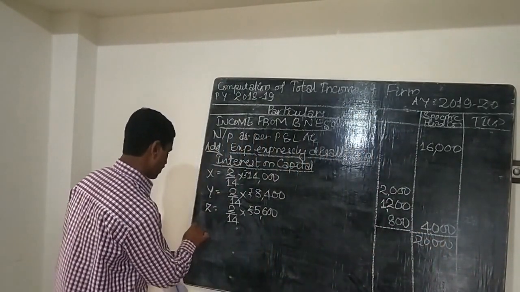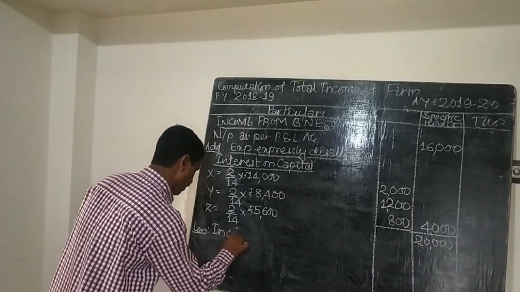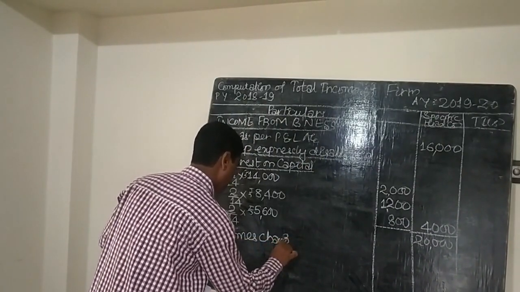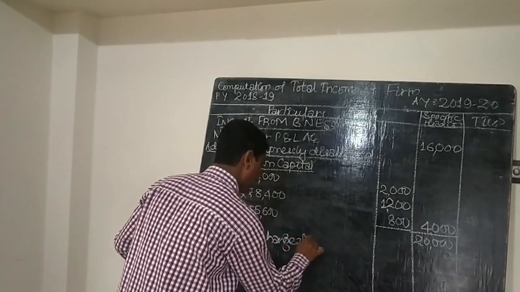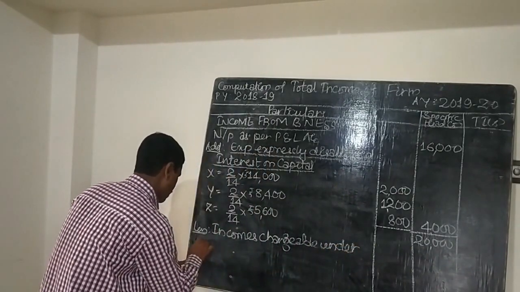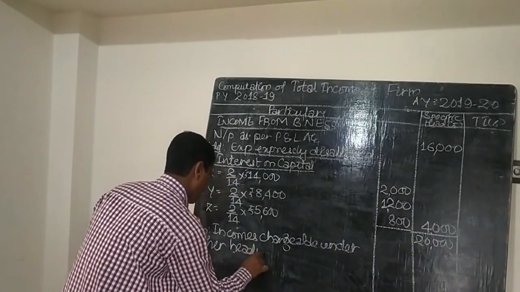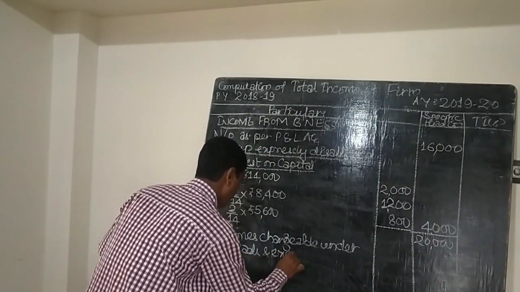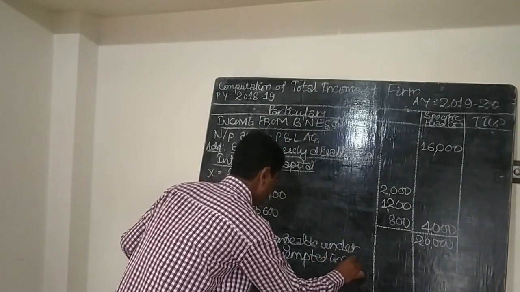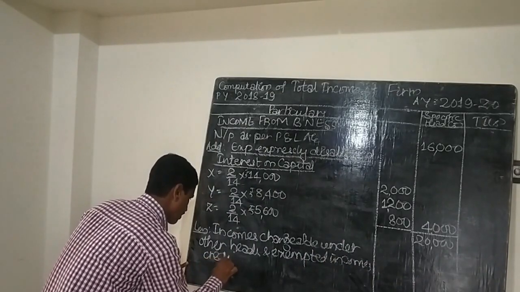Then less: incomes chargeable under other heads and exempted incomes credited to P&L account.